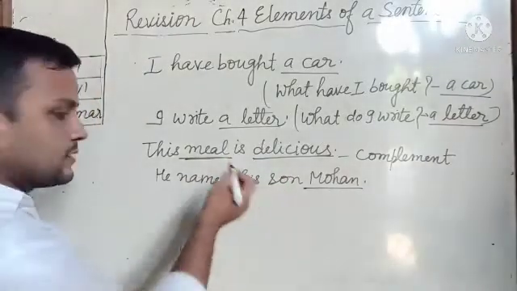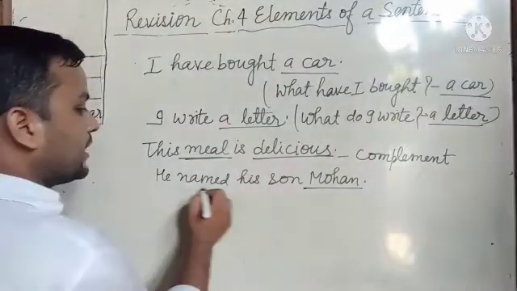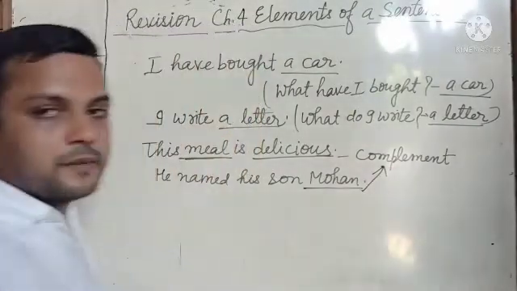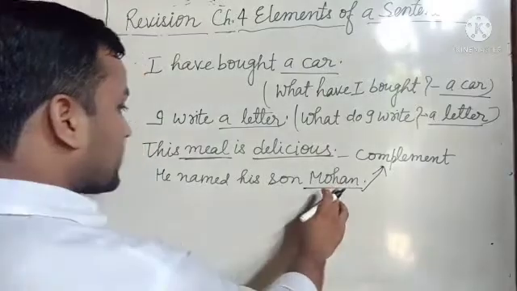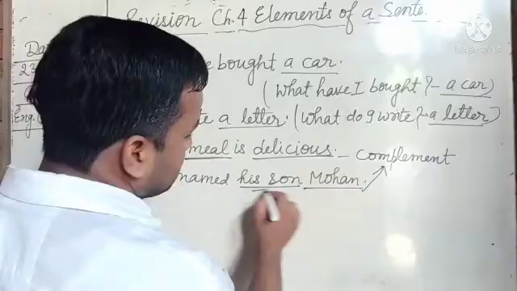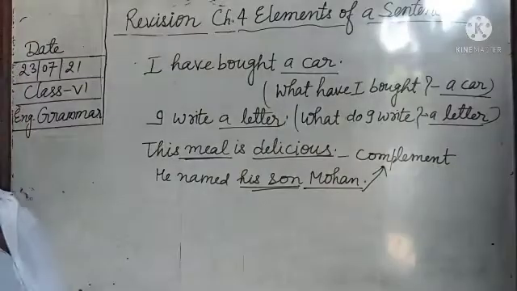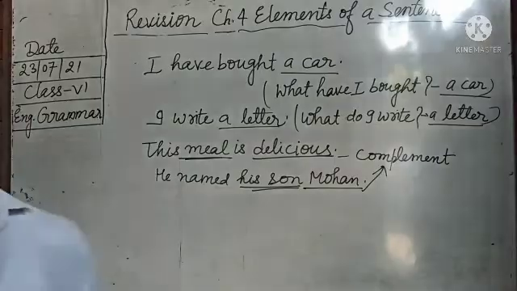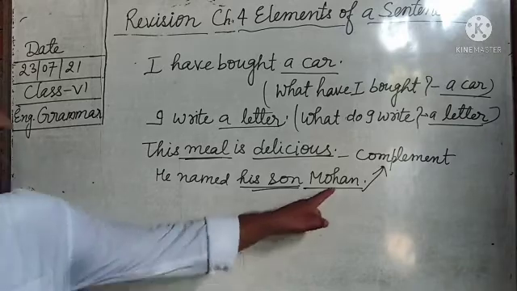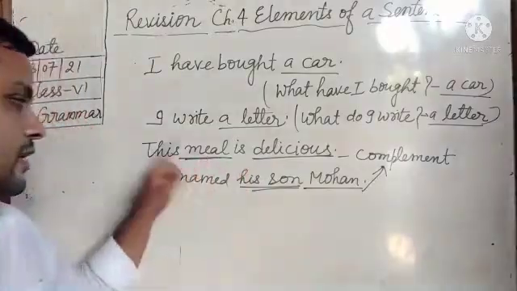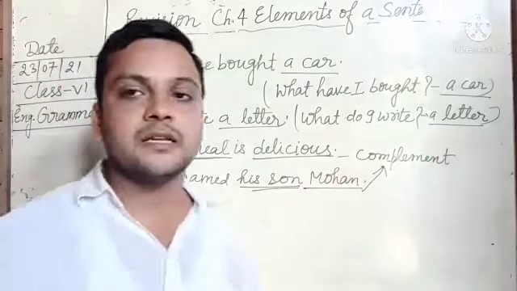What is delicious? This meal. Okay. He named his son Mohan. So Mohan is what? A complement, because it follows the verb named and it is qualifying the noun his son. So it always describes the noun that comes before it. So Mohan is describing his son and delicious is describing the noun meal. That's why these are complements.